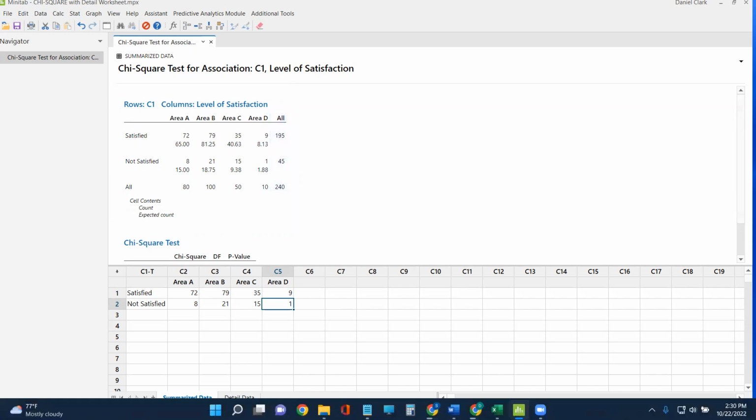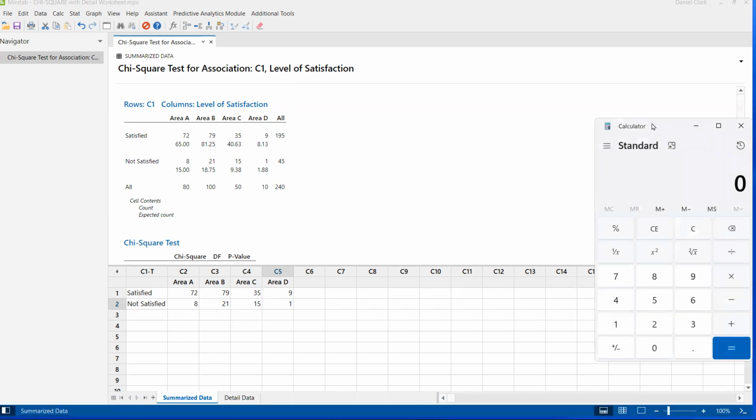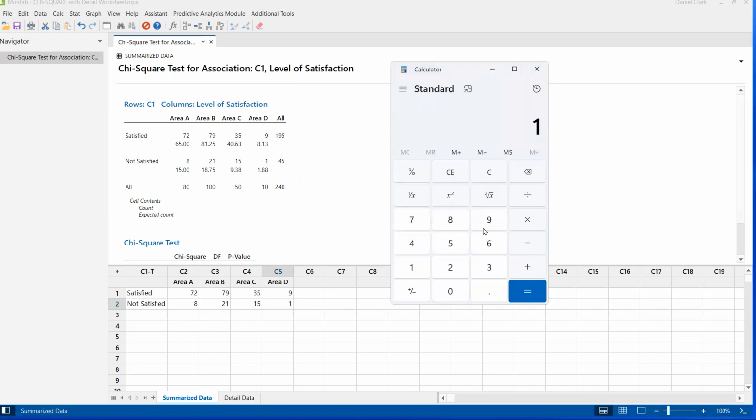So that proportion satisfied, and I'm going to pop open the calculator here, 195 divided by 240, is 81%. So if there is no difference in the proportion of customers satisfied by area, then regardless of the total size of each area, we'd expect about 81% to be satisfied.